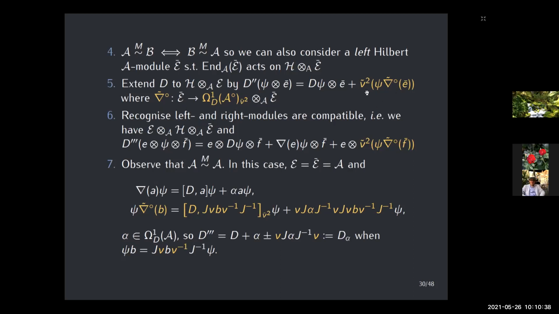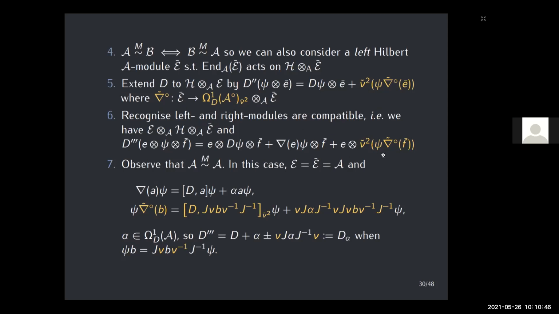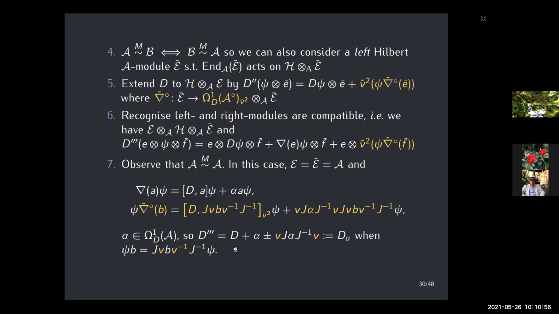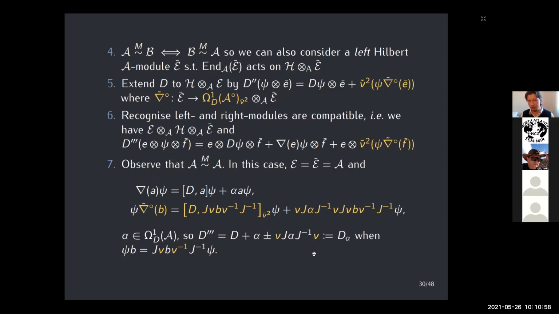And this we have to compose with some twist, the reason for which I'll come to later. So again, left and right module structures are compatible, string it all together. This passes through, set E equal to A, compute the operator forms. And indeed, we end up with exactly what we want. Where now, important point, the right action has to include the twist.